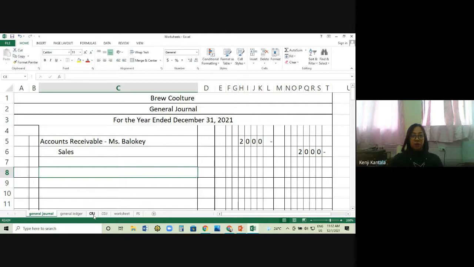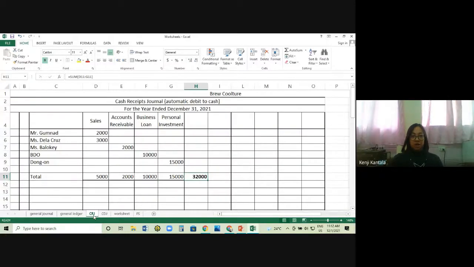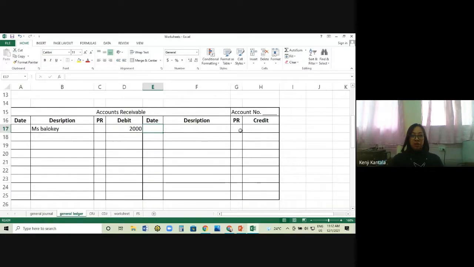And then after that, punta tayo kay Cash Receipts Journal. Meron ba tayong accounts receivable? Meron. So, we have here a credit to accounts receivable for 2,000 pesos. Balikan natin siya dito. Miss Baloke again.